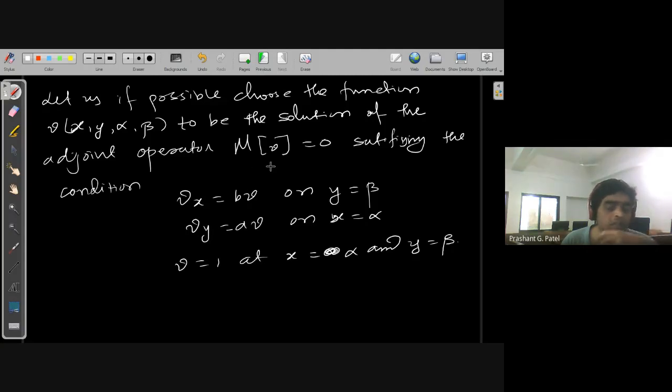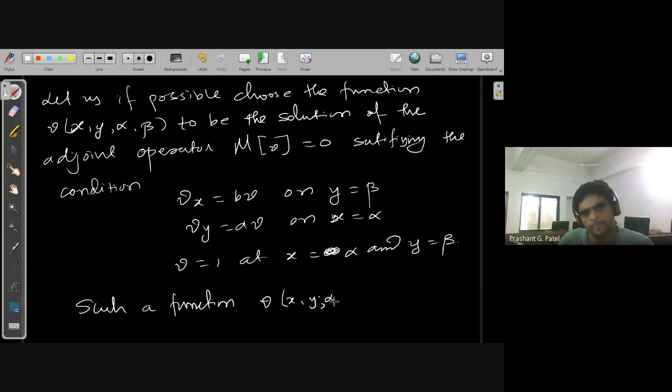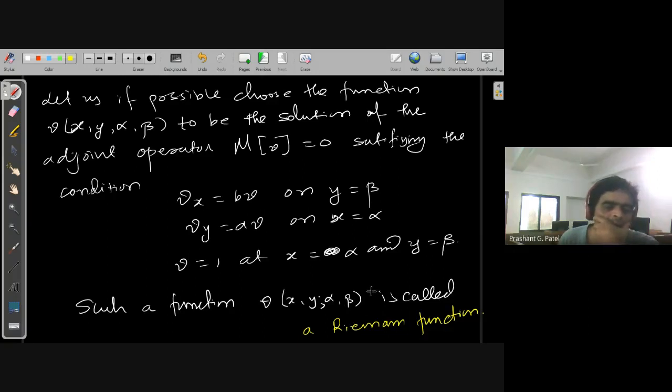And we just note here a very important concept: this function V, which is a function of x, y, alpha, beta, is called a Riemann function. That is the definition of a Riemann function.